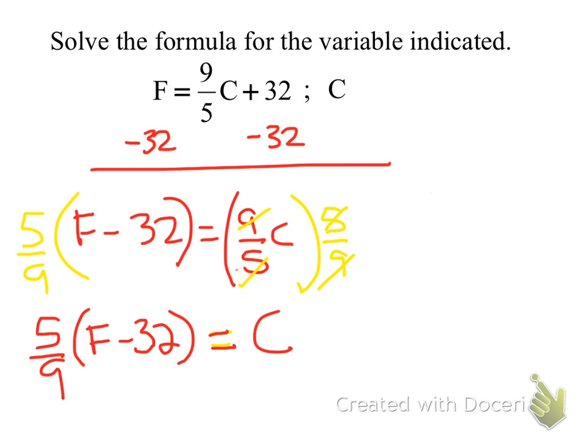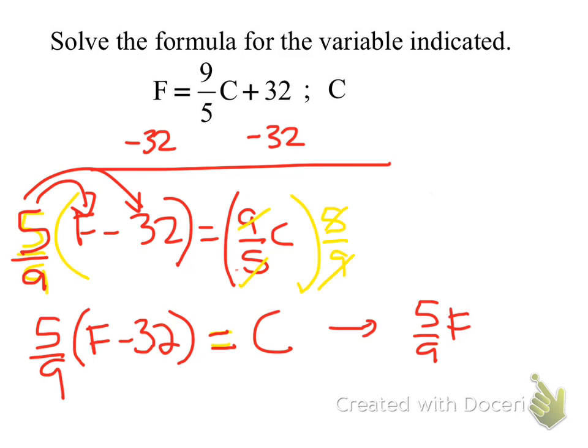Would it be wrong if you didn't have F minus 32 in the parentheses? Yes, because unless you multiply it out, you could, by rights, do 5/9 F, because 5/9 has to get multiplied by all terms. When I'm multiplying this over here, I'm multiplying it by this term, and by this term.